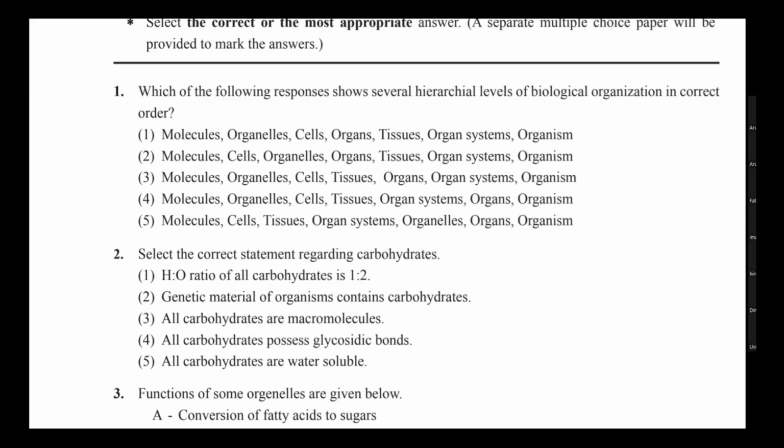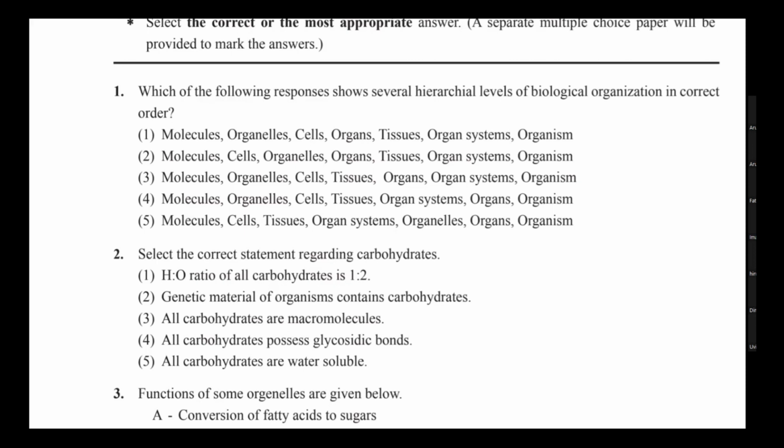Third one, all carbohydrates are macromolecules. What are macromolecules? There are two properties. A macromolecule should have a molar mass ranging from 10 to the power 4 to 10 to the power 10 daltons.